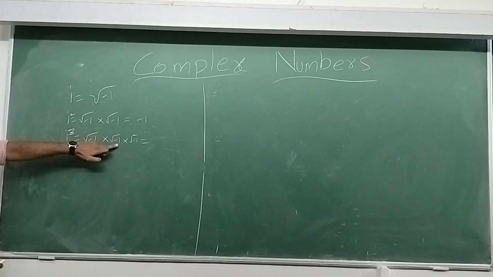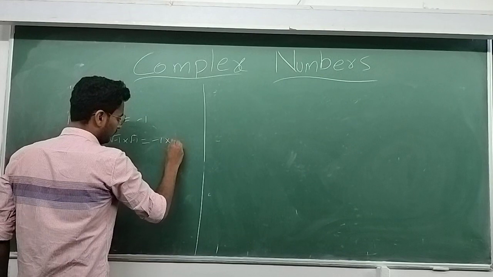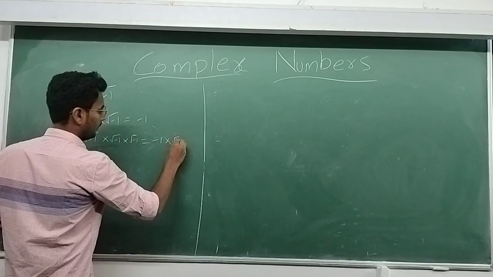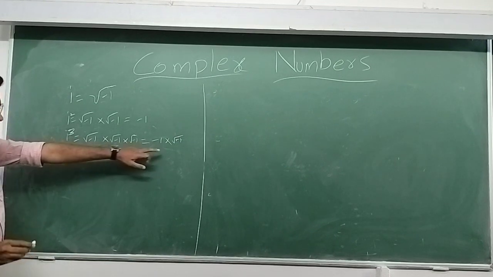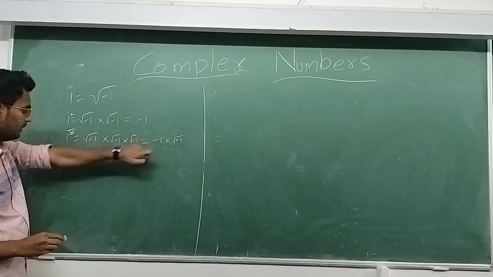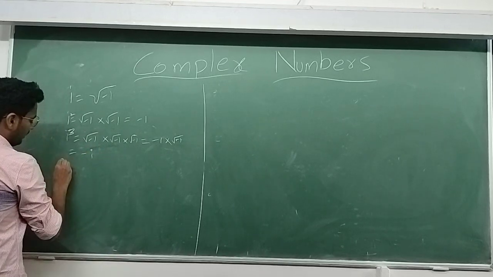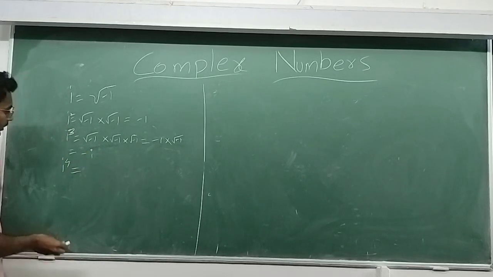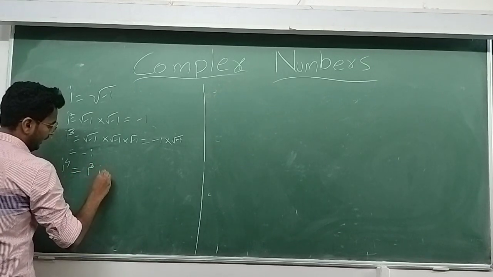Here, this is equal to minus 1 into root of minus 1. Then this is equal to i, and this is minus. Therefore, minus i. Right?